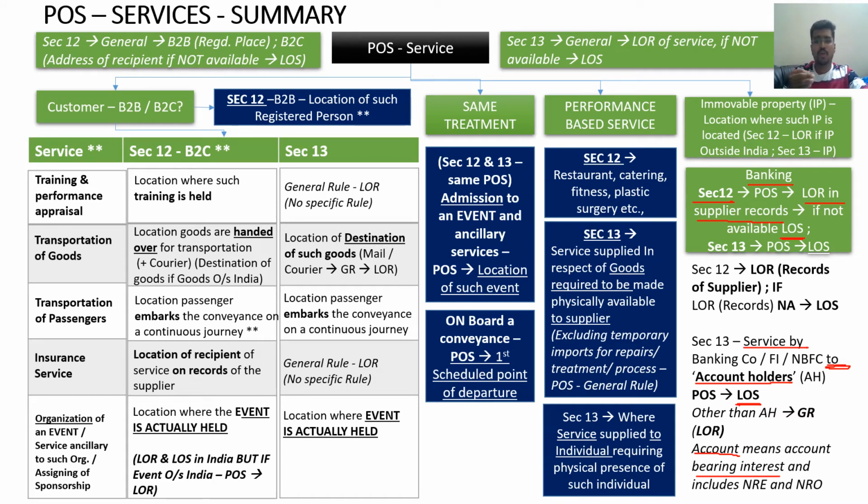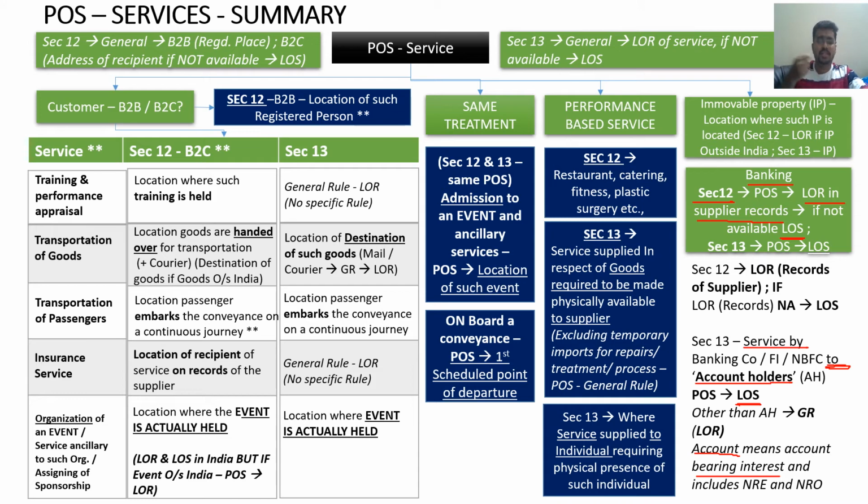Or let's say he is going to take some facility or some other processing charges are being charged to him, let's say cheque issue charges or whatever. He's an account holder and he's having an account which bears interest. So whatever charges the bank is going to charge to that person outside India, the place of supply will be considered as the bank's location itself. That is the location of the supplier itself, because they are dealing with a party outside India.